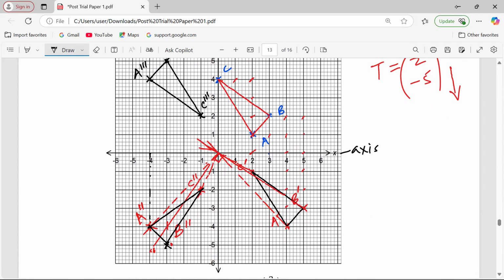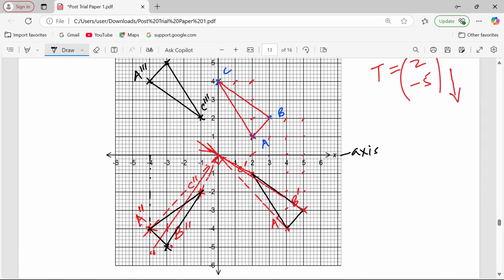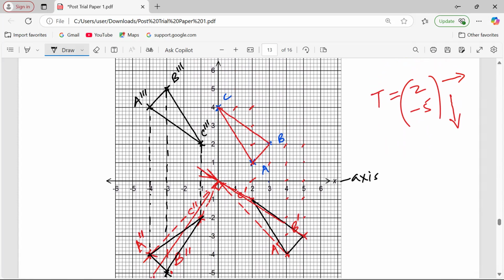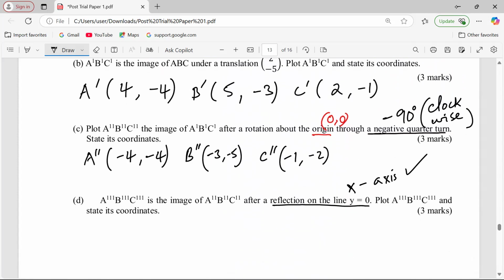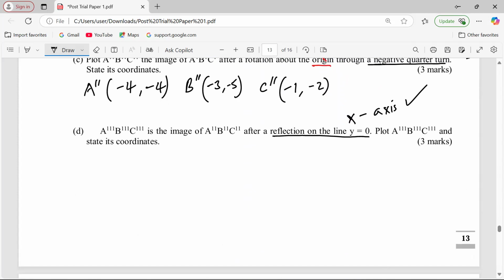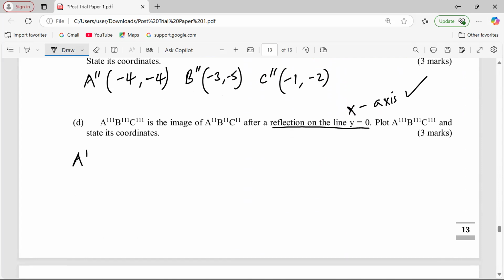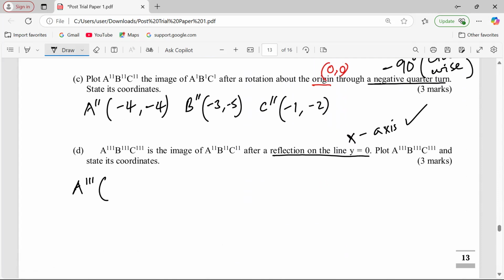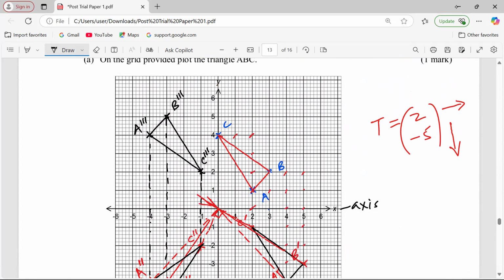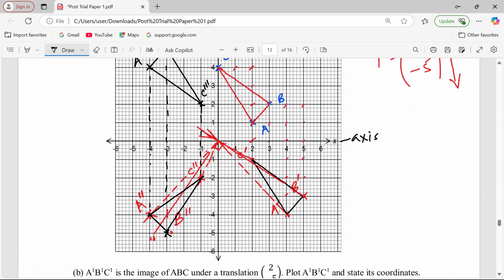So that's what we call reflecting. So from here, we've gone on the upper side. We reflect along the x-axis, which is line y equals to 0, that way. So have we been taught to state the coordinates? Yes. So A triple prime will have the coordinates -4, 4.